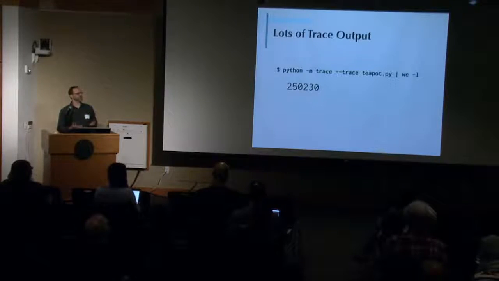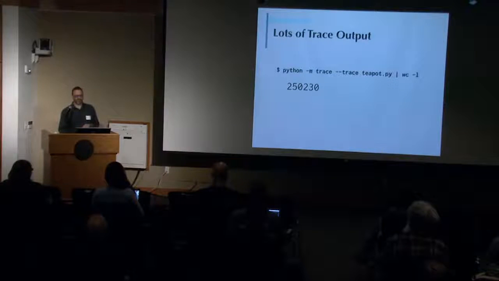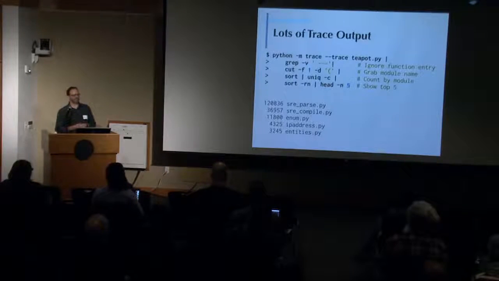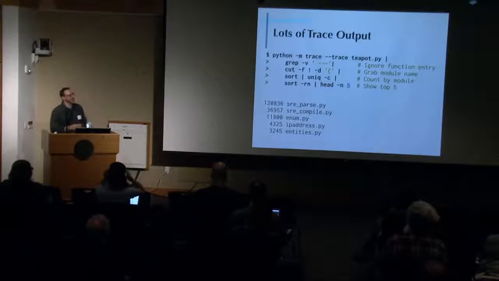I haven't been showing the entire trace output on these slides. As you can see, it's really verbose, right? So we have this simple HTTP GET, and somehow this is producing 250,000 lines of trace output. You can see by doing some shell scripting, putting together a little shell pipeline, what modules are called most often.